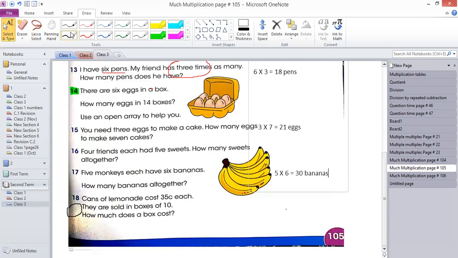Guys, we forgot to solve question number 16. So now we will solve question number 16. I need one student to read question number 16.